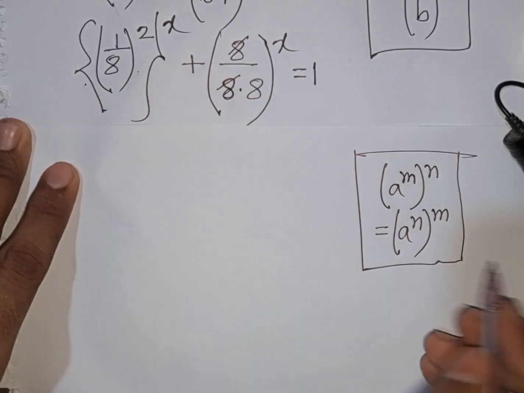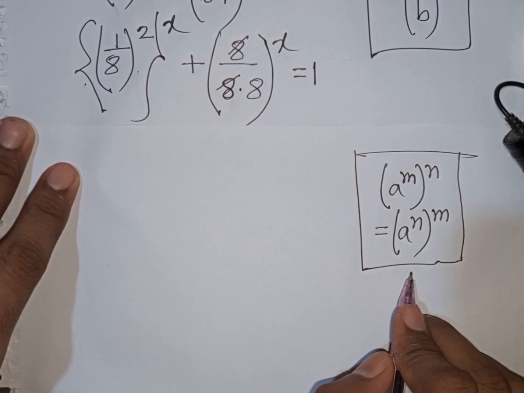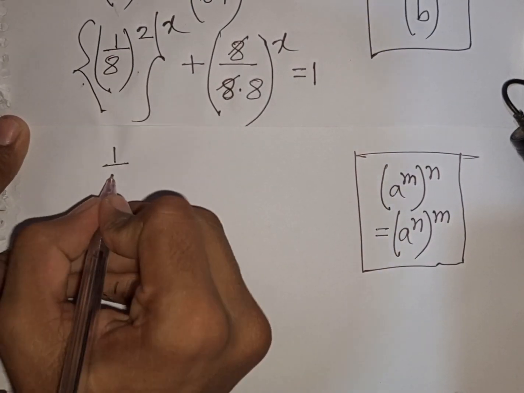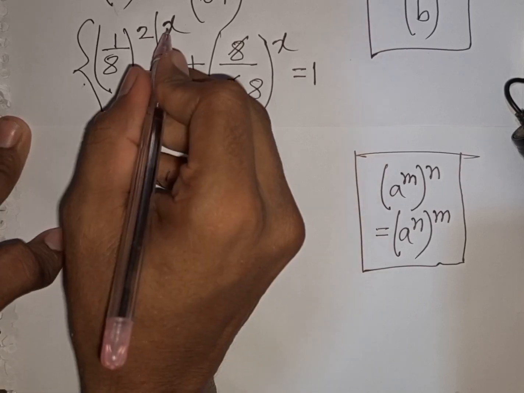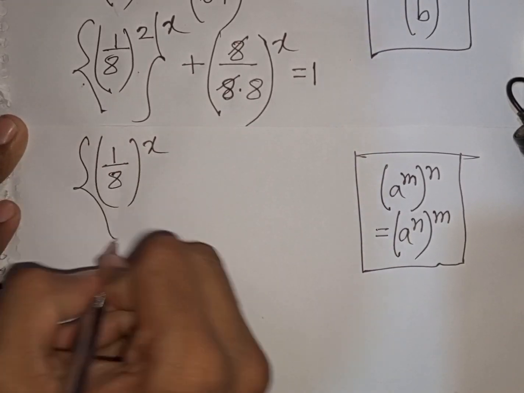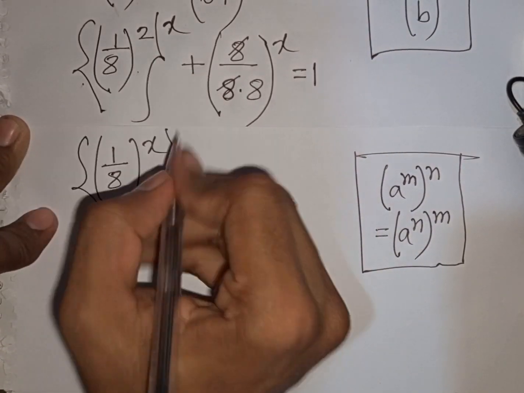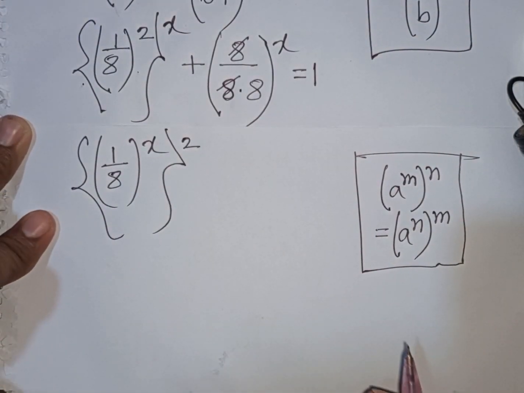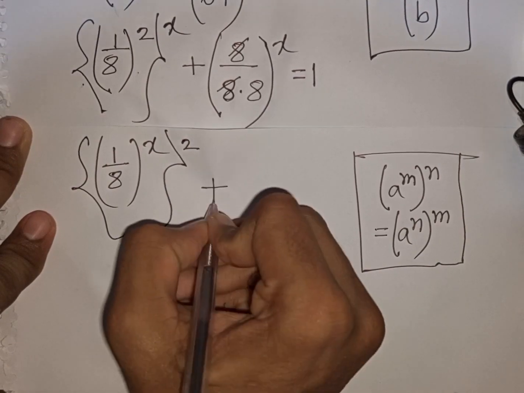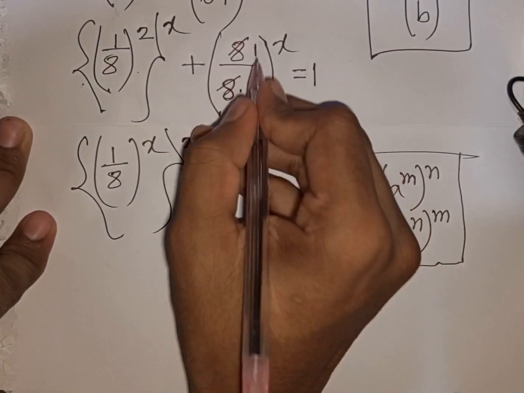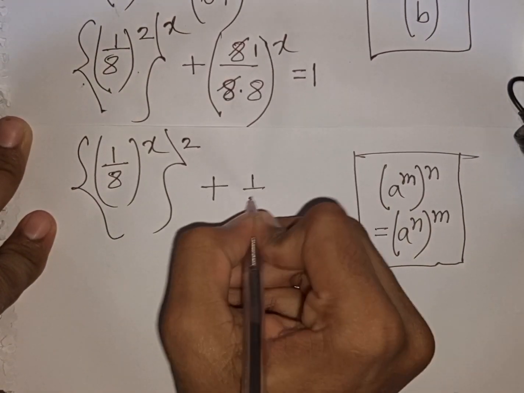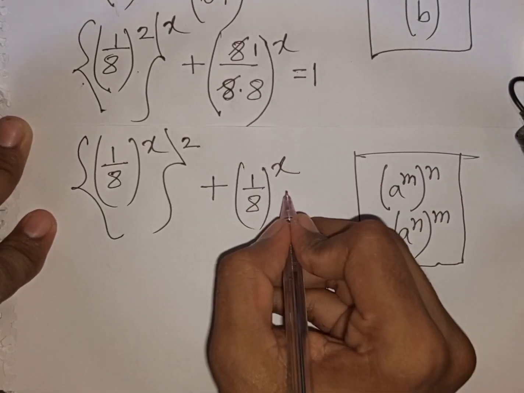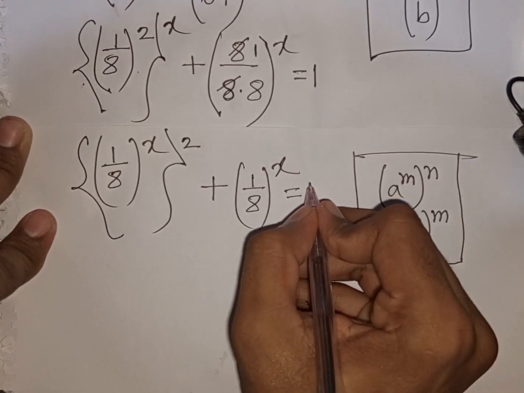So, according to this rule, it will be ((1/8)^x)^2 plus (1/8)^x is equal to 1.